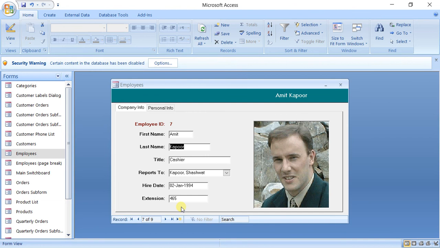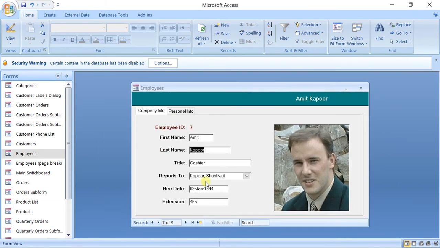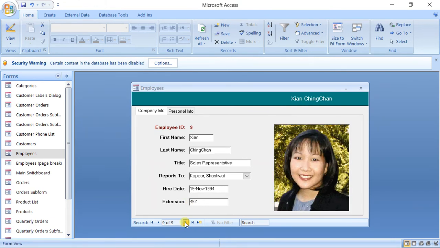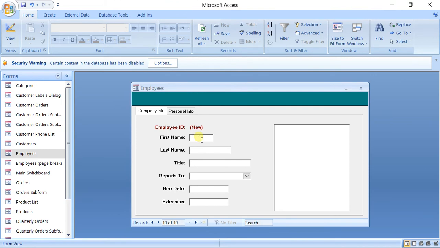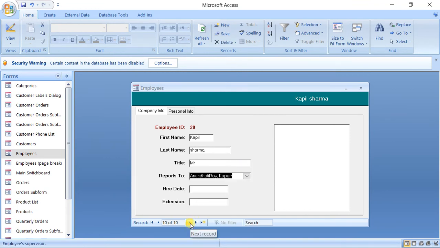This is the same example that we have seen multiple times. This is your front end written in any technology, and the data is going into a table. Now suppose the user has entered something new: Kapil Sharma, title Mr. Now suppose the user presses OK, next. So the record has been entered.